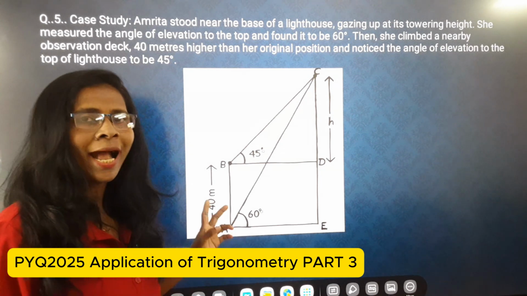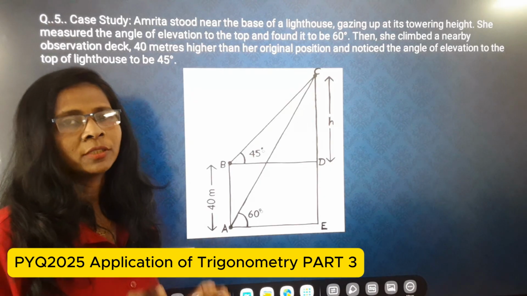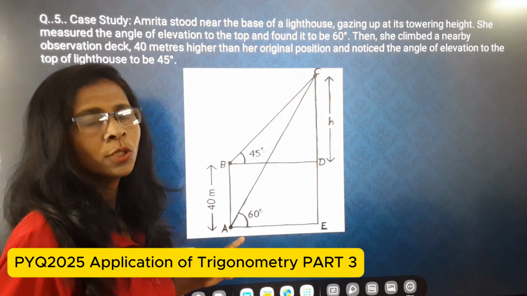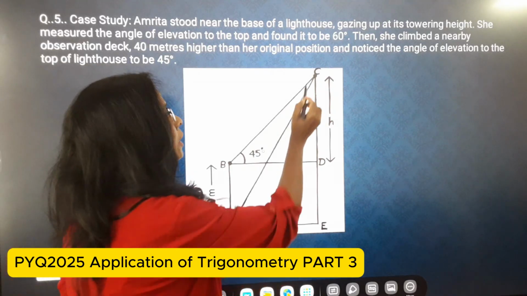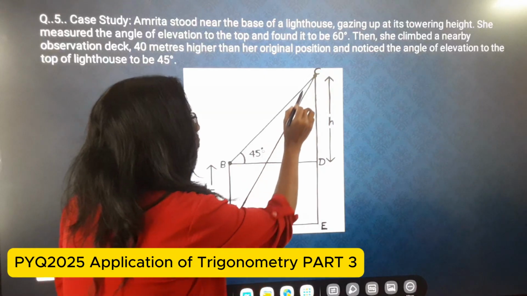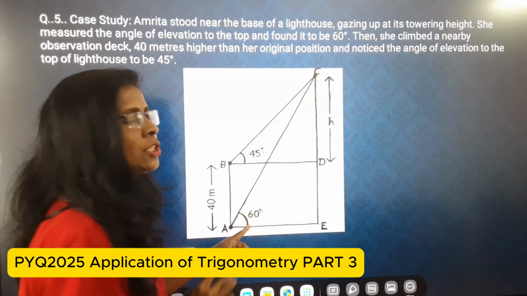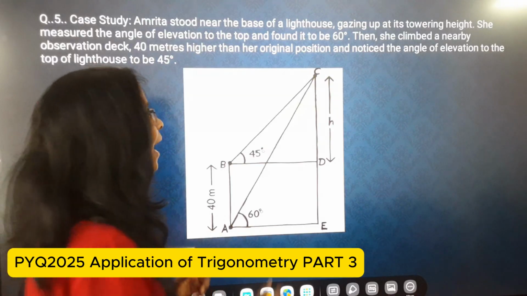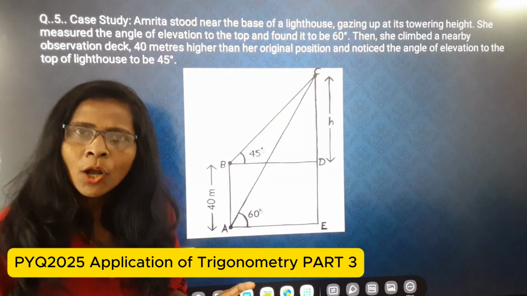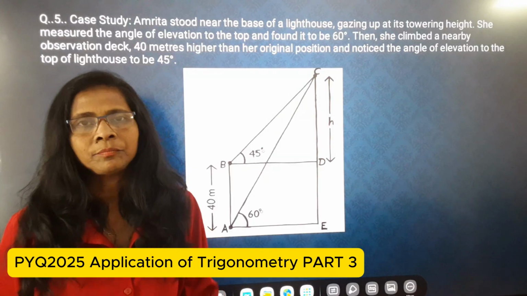Amruta stood at position A and observed the top of the lighthouse, which is at position C, making an angle of elevation equal to 60 degrees. So the angle CAE is the angle of elevation, which is equal to 60 degrees.